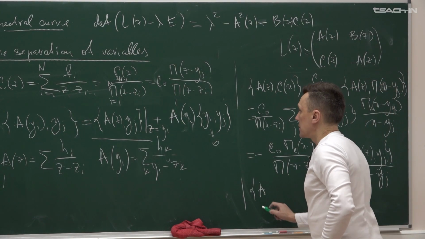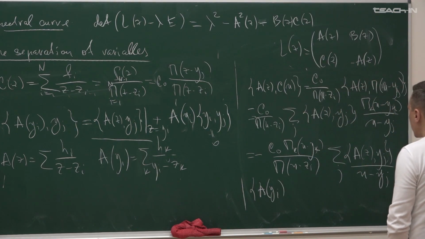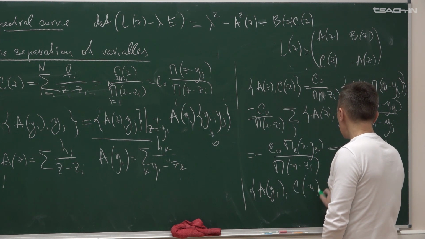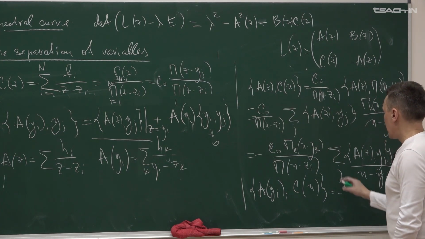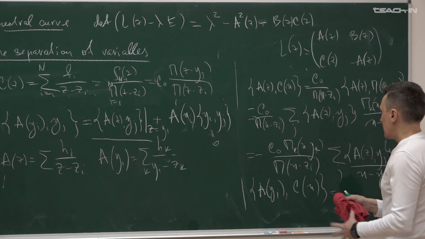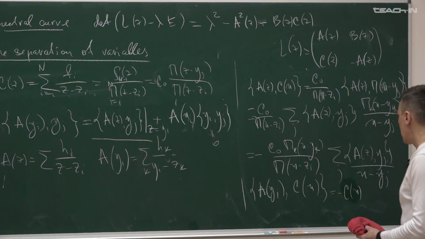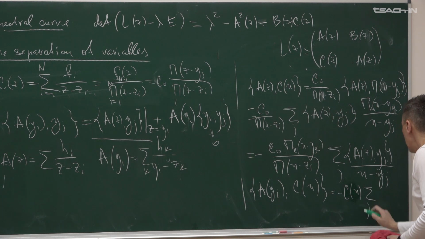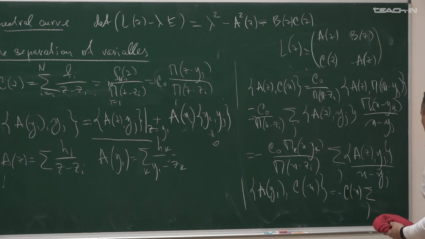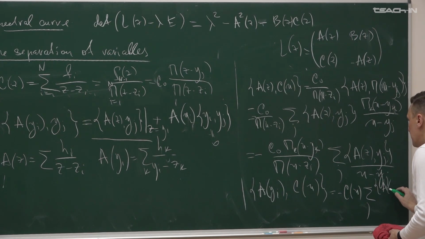So it means that the bracket of A of y_i with C of u is minus C of u over u minus y_i, and here we have the sum over j of the bracket of A of y_i with y_j divided by u minus y_j.